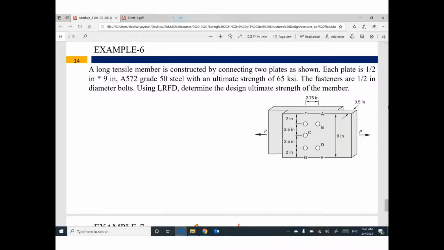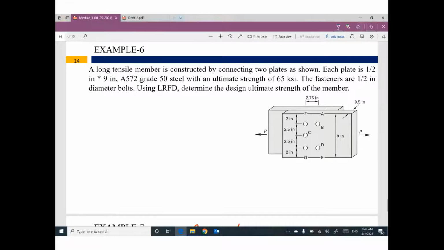We have two steel plates connected together by these bolts. That makes sense? Okay.